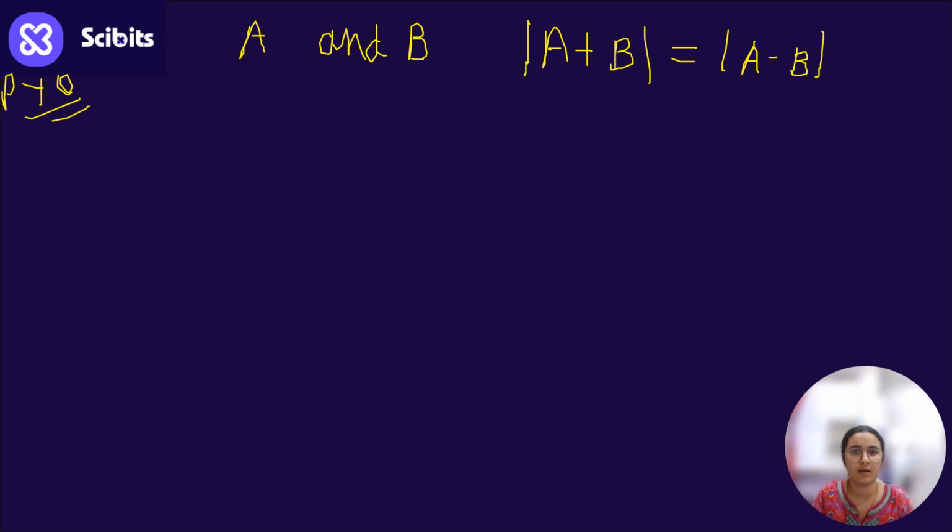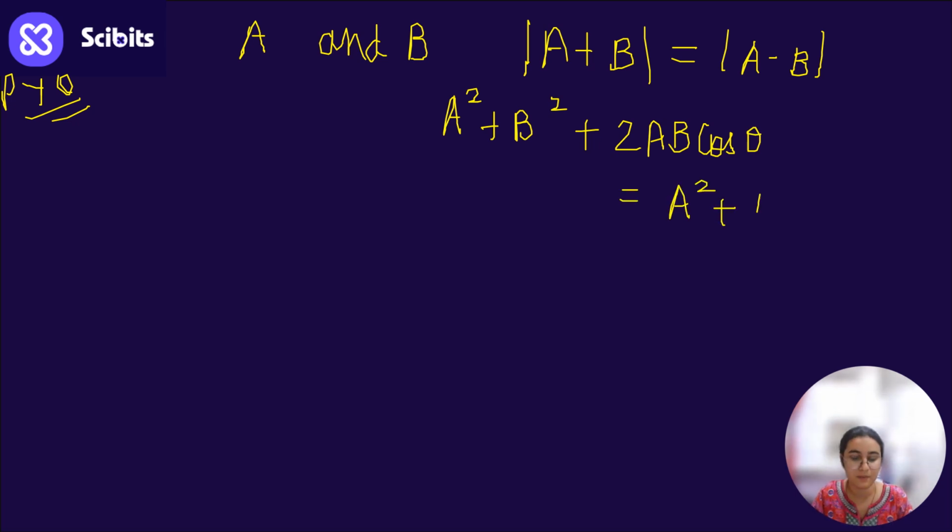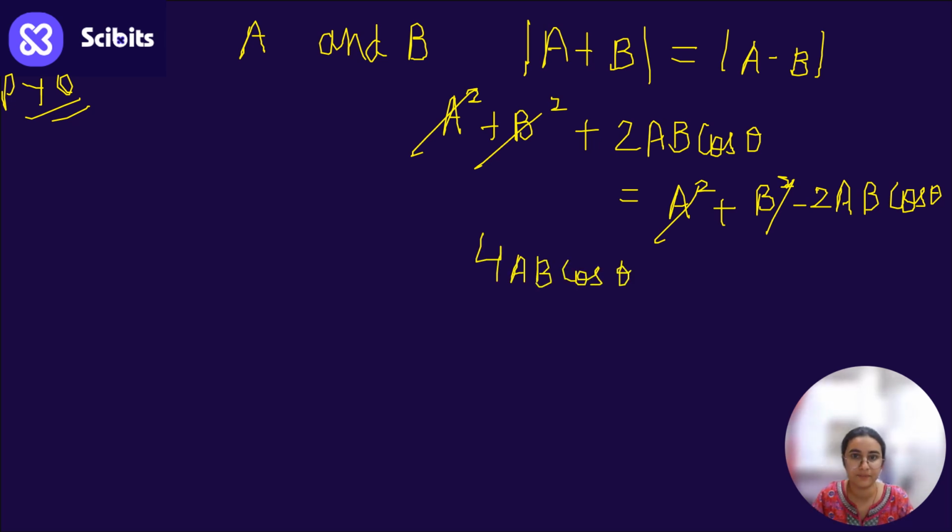So how do we find the magnitude of these two things? A square plus B square plus 2AB cos theta is equal to A square plus B square minus 2AB cos theta. So these things will be cancelled and 4AB cos theta is equal to 0.